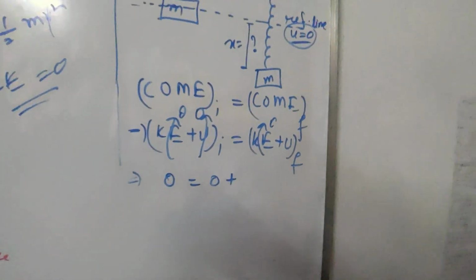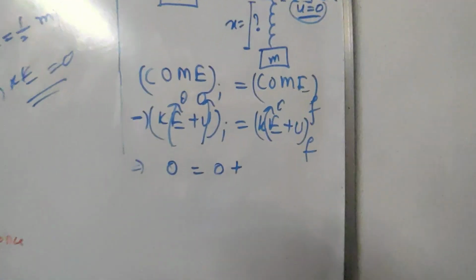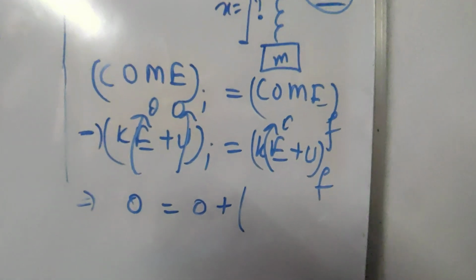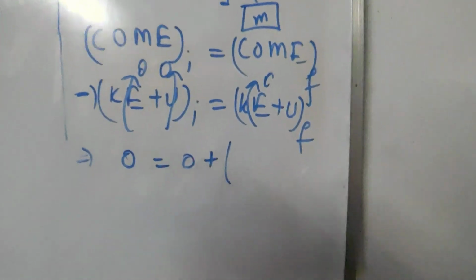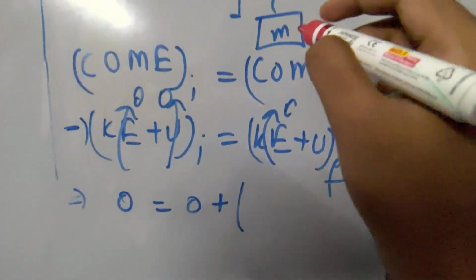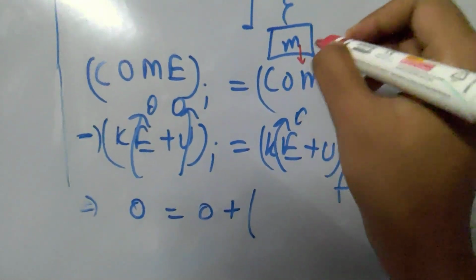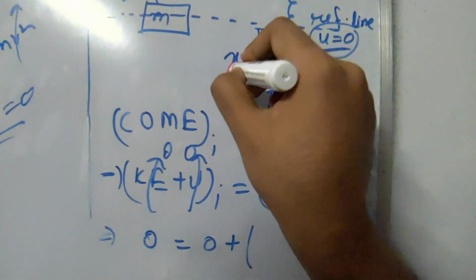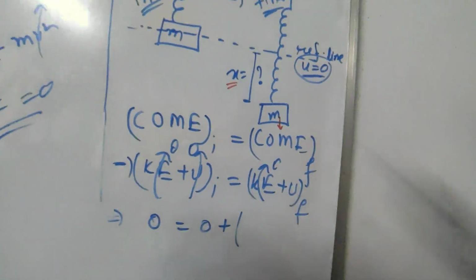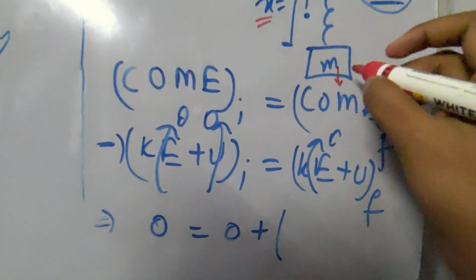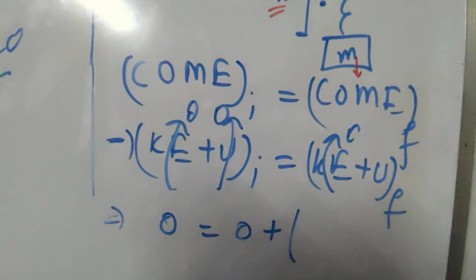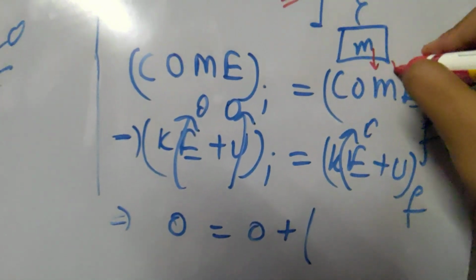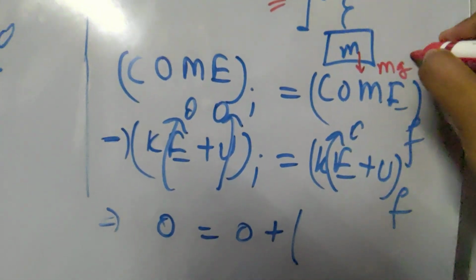So what will the potential energy be? Let's see. This is mgh, and here the displacement is x, so the work done by gravitation is mgx.